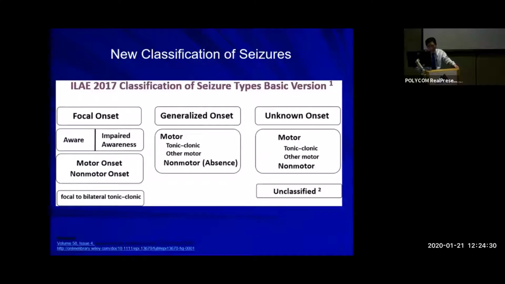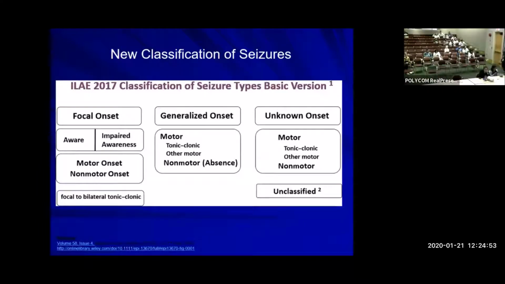So they said, let's call it focal seizures with awareness, so intact awareness or impaired awareness. Okay? And the focal seizure could then spread to convulsive seizure. It used to be called secondarily generalized tonic-clonic seizures. Now they rephrase it as focal bilateral tonic-clonic seizures, trying to make it more plain English in terms of description. They left the generalized onset seizures alone, so that term still applies.